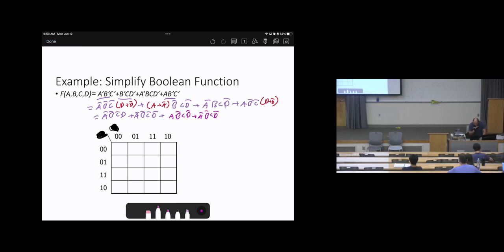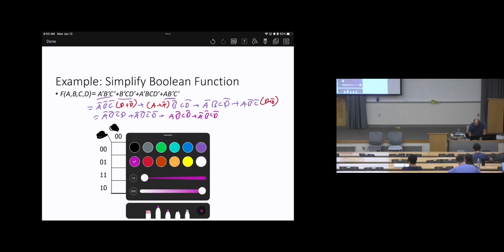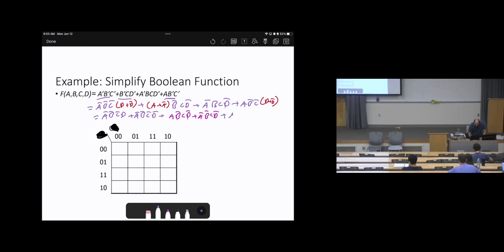Just do the multiplication. Then plus the third term, no change on it, a b c d bar. Then plus the last term, do the multiplication, a b bar c bar d plus a b bar c bar d bar. Now let's think, are there any terms in common?